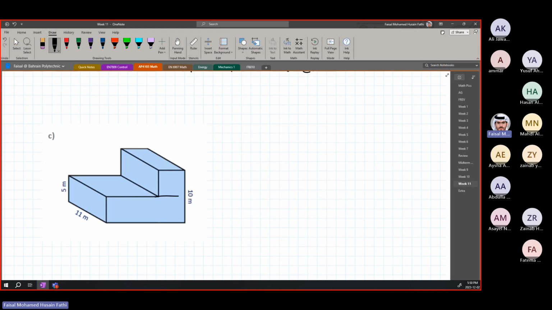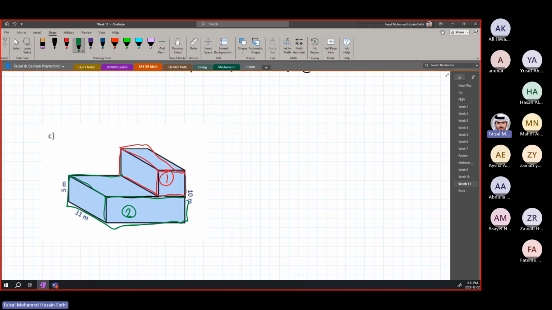You can either cut the shape here, and then you'll have 2 sides. You'll have this prism over here, 1, and then this one over here, 2.